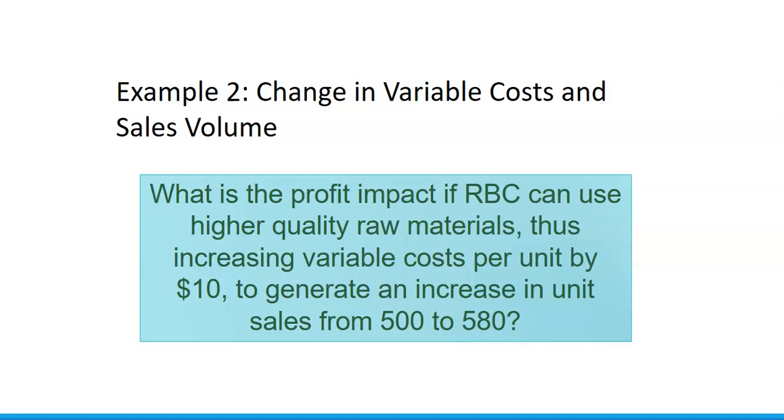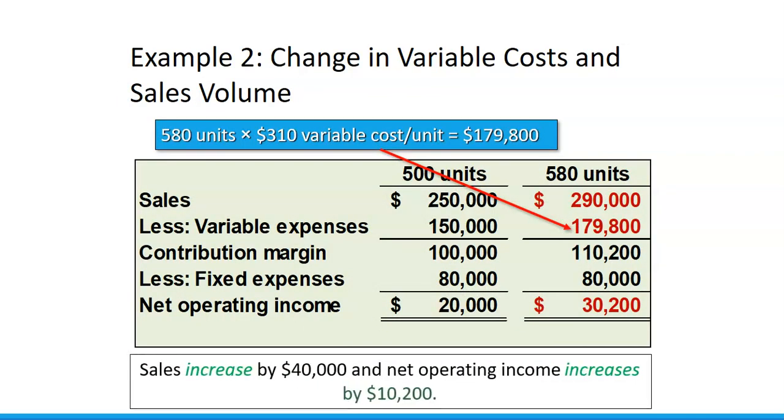It will increase unit sales by 80, so we're going to increase our sales from 500 to 580. When we look at the impact of that, we actually increase our operating income by $10,200. So we change our variable cost from $300 to $310, which changes our contribution margin from 200 to 190.